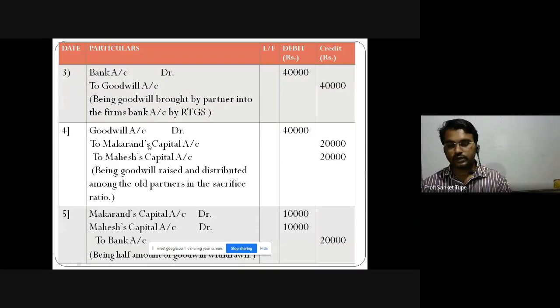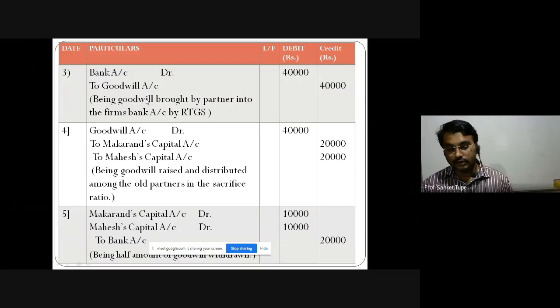So to Makarand's capital account 20,000 and to Mahesh's capital account 20,000. And finally, the narration is being goodwill raised and distributed among the old partners in sacrifice ratio. तो ये sacrifice ratio में distribute हुआ है. Okay, raised and distributed. Raise की जगह यहाँ पे most probable word distributed ही होगा, raise नहीं होगा. ठीक है, ये small correction आप कर लेना.